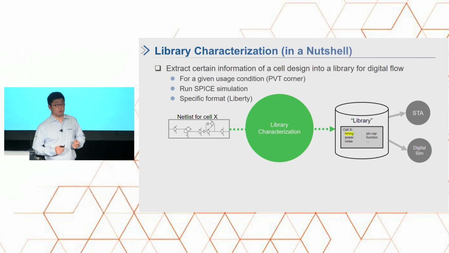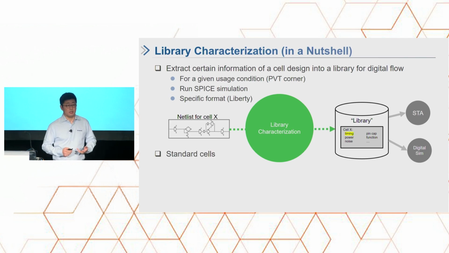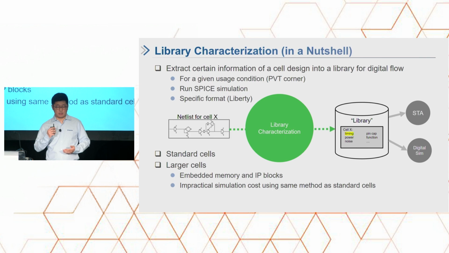So what types of cells do we have to characterize? The most common one is, of course, standard cells. These are basic building blocks for digital circuits like NAND, NOR, the small gates, latches, and flip-flops. But this is not what we're talking about today. We're focusing on larger cells like embedded memories and IP blocks.